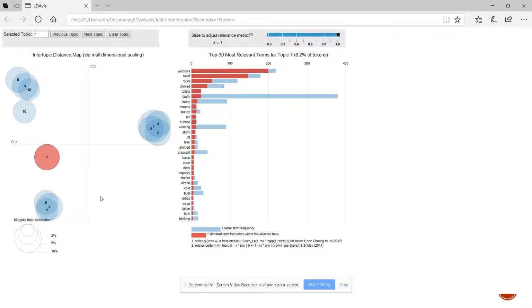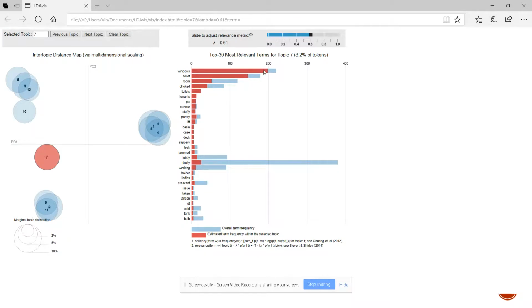Whereas on the right side of the InfoVis, it shows you a list of keywords sorted in descending order. The red bar indicates the occurrence of the keyword in the selected topic, whereas the blue bar indicates its occurrence throughout the entire dataset. If you set the relevancy metric to 0.6, the order will be different.